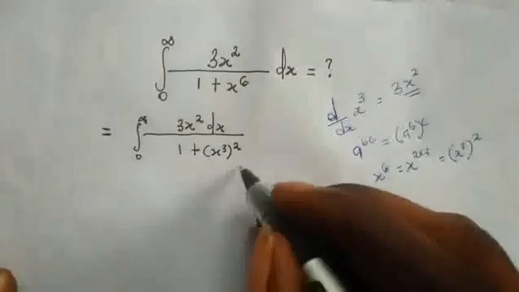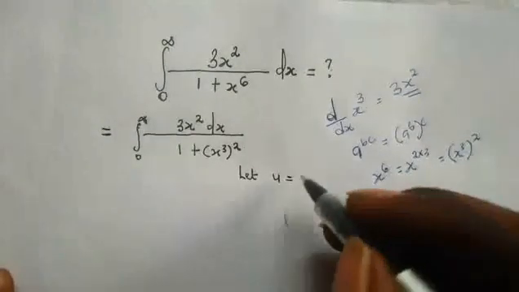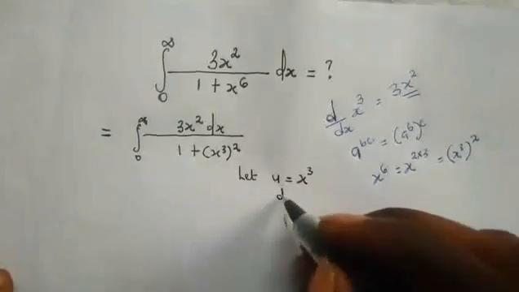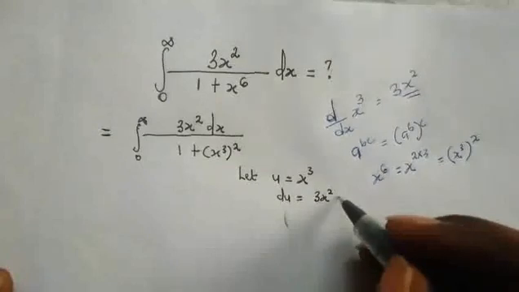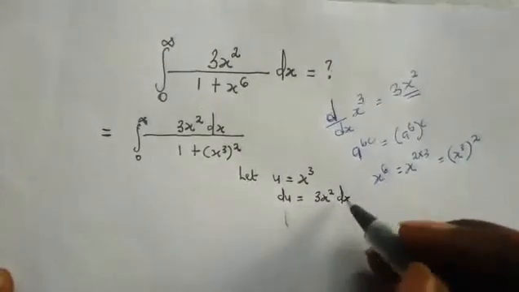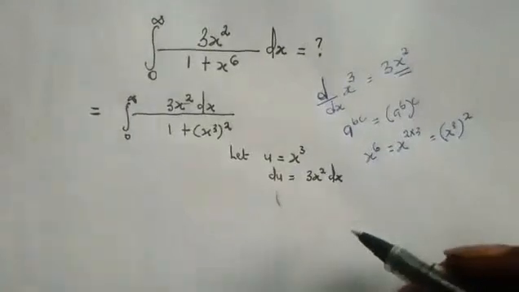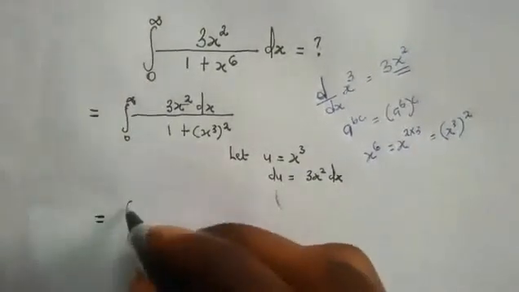So we can say let u equal x cubed. Now differentiating both sides, we get du is equal to 3x squared dx, and this is exactly what is up here. Wow, makes sense, right?